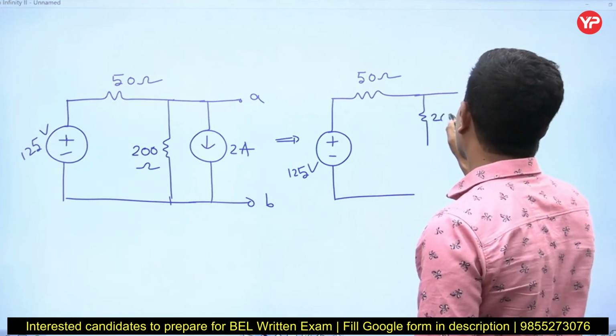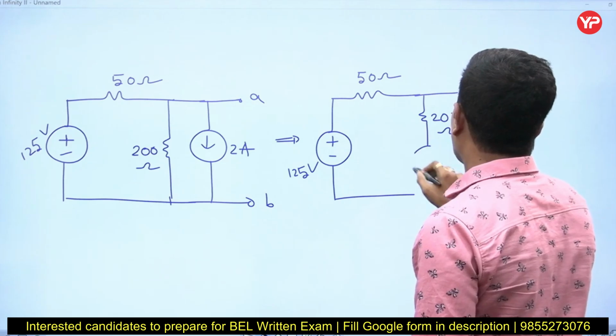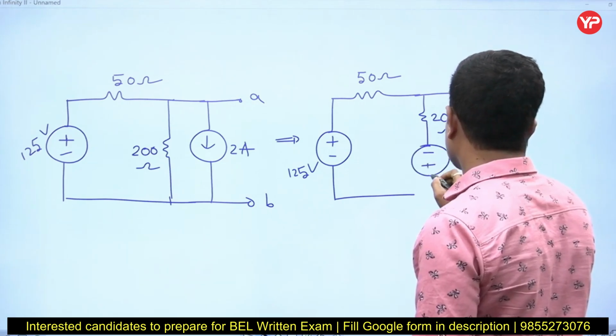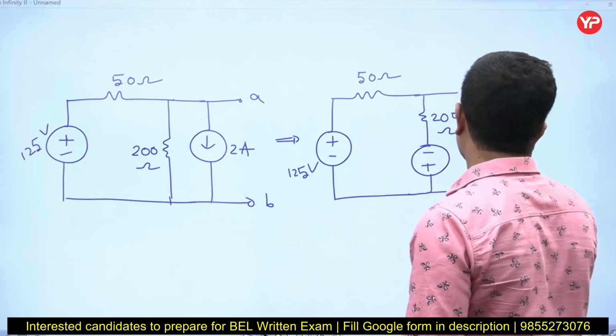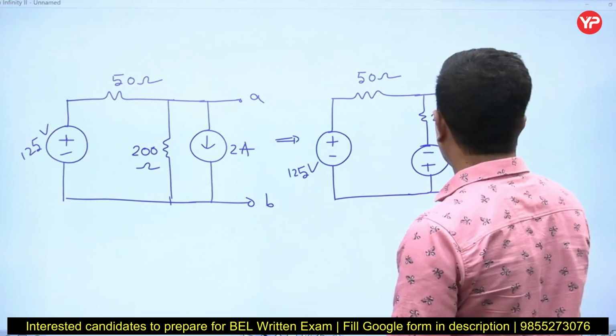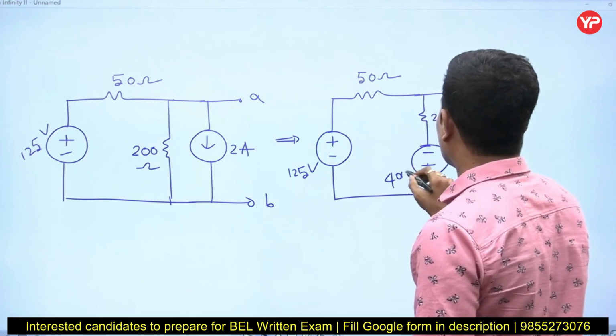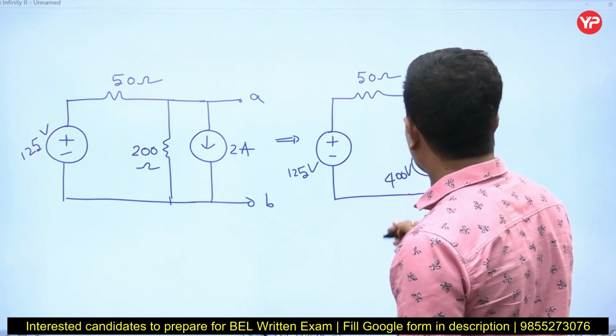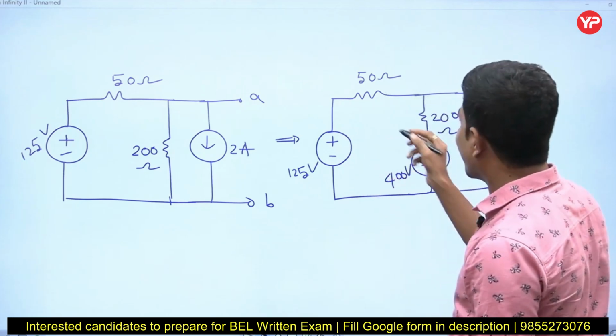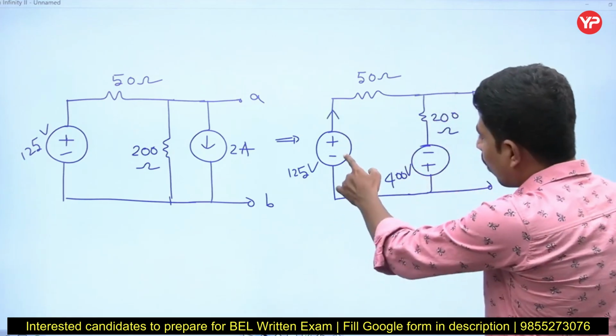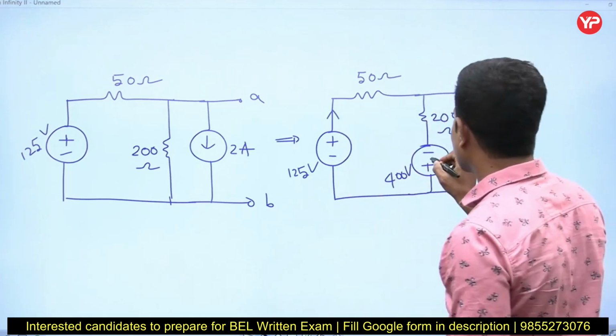And what is this voltage? This is minus, this is plus. You get 200 into 2, 400 volts. Now these two are in addition, since plus is connected to minus, and minus is connected to plus.